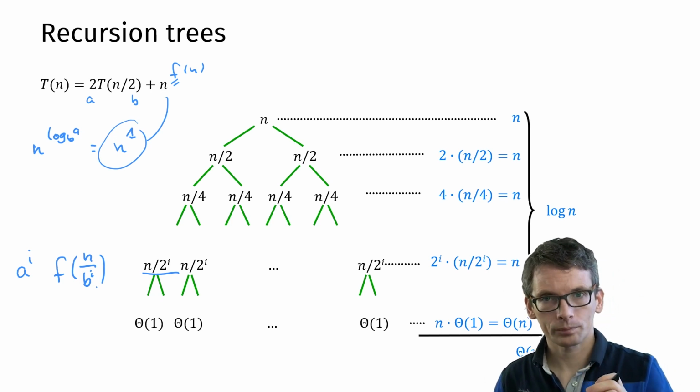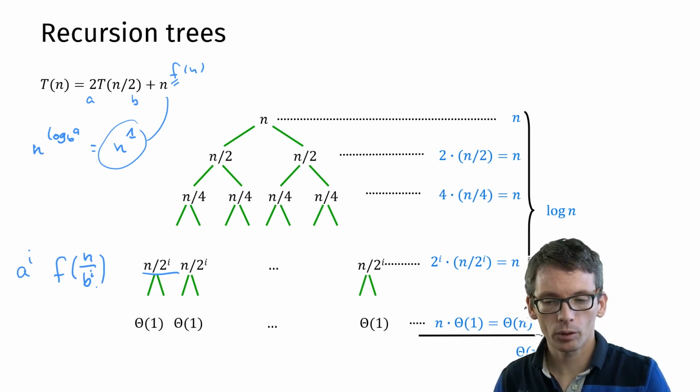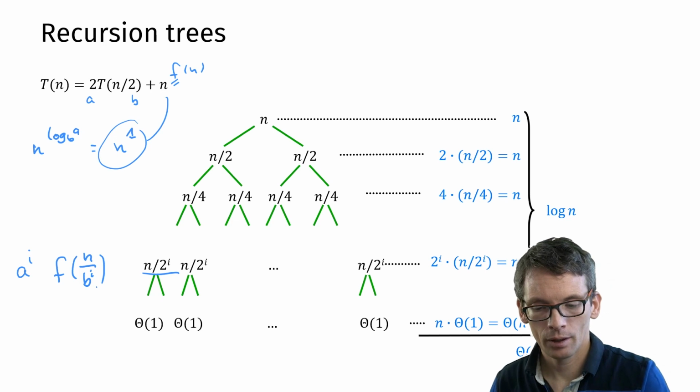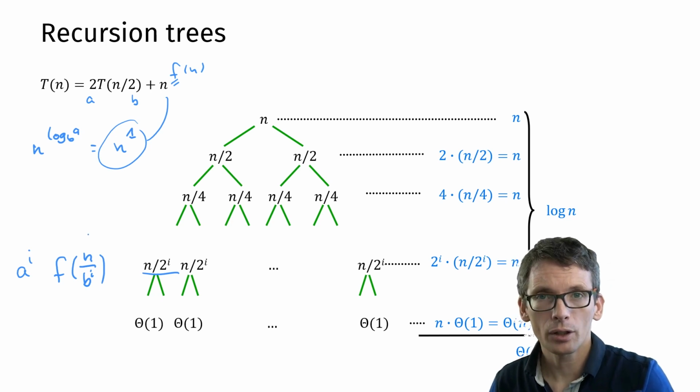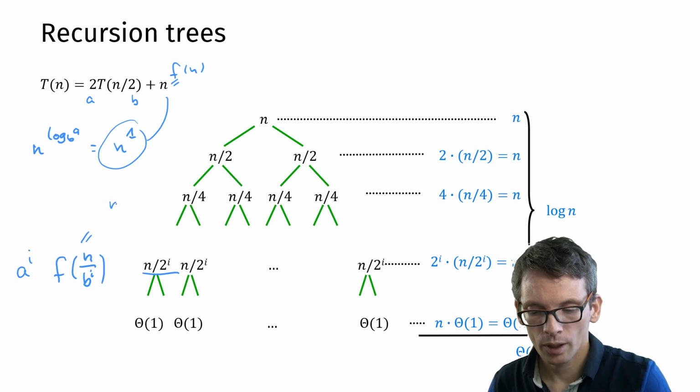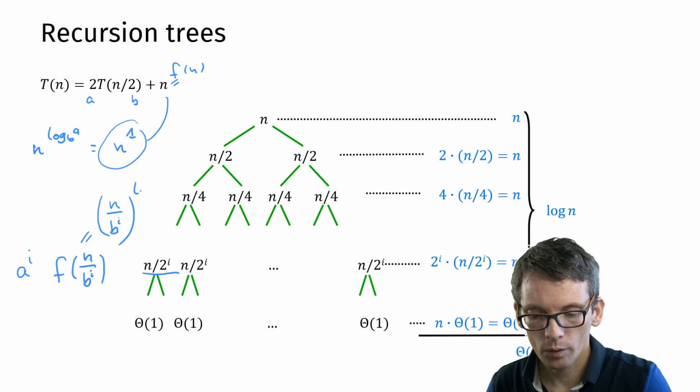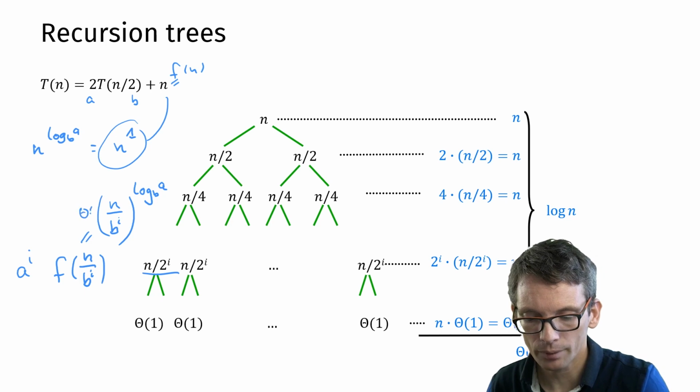Now, if we know that the growth rate of f of n is n to the log a base b, then this corresponds to n divided by b to the i, to the log a base b, at least in terms of growth rate.